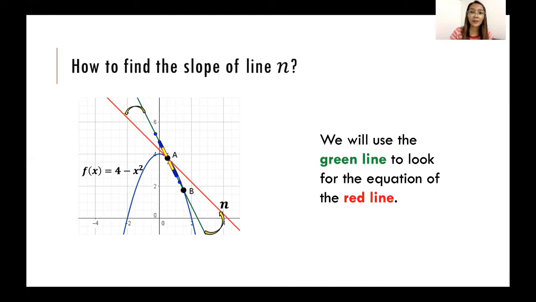Since we have a graph, we can use a table of values here. Looking at the graph, what number does x approach?